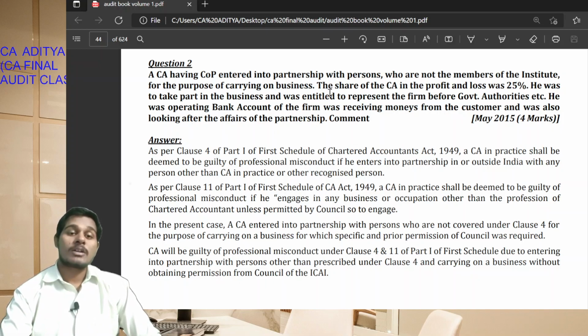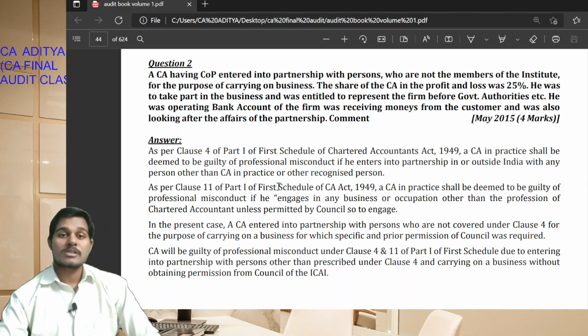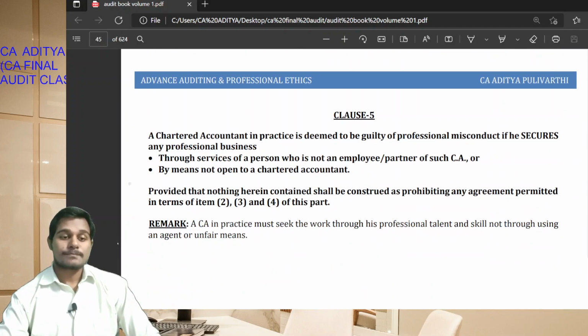He also did not obtain permission as per clause 11 of part 1 of first schedule to the Chartered Accountants Act for entering into business with a partner, which we are going to discuss in the further clauses.